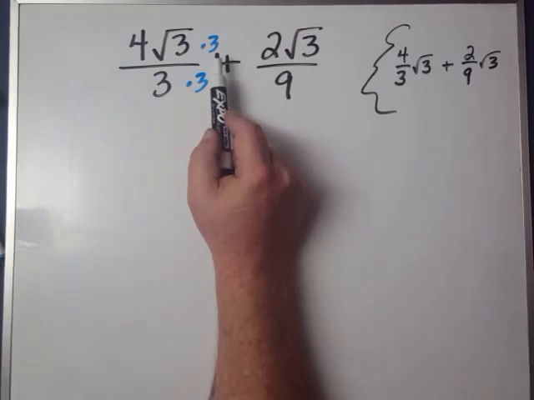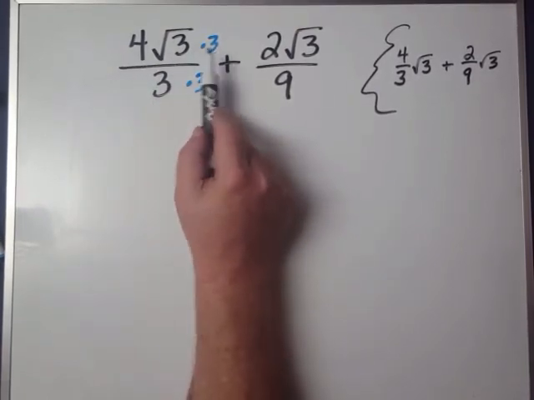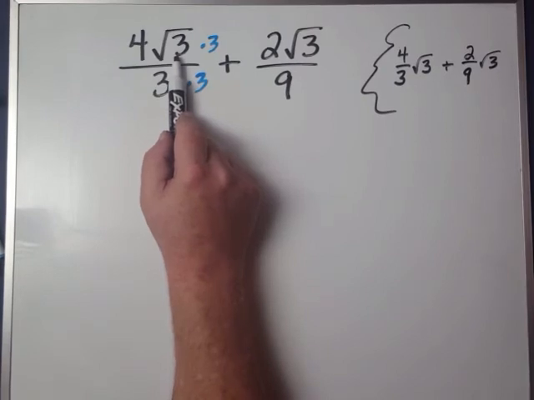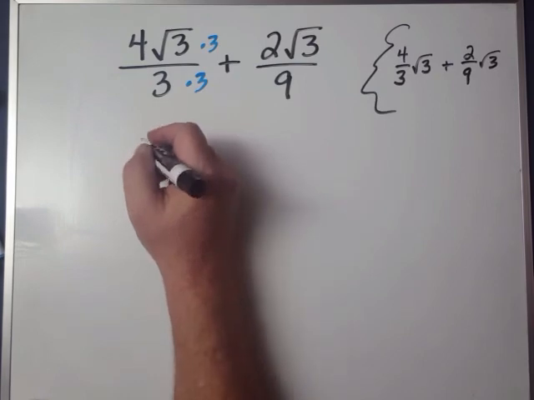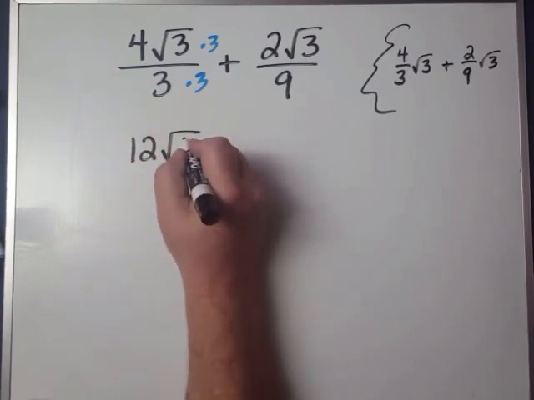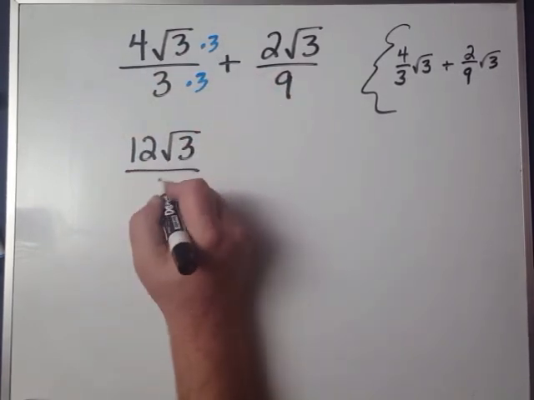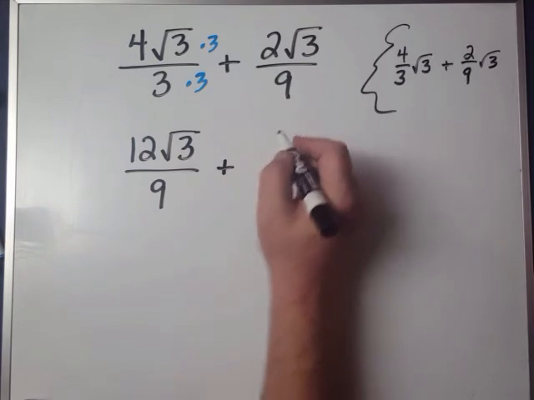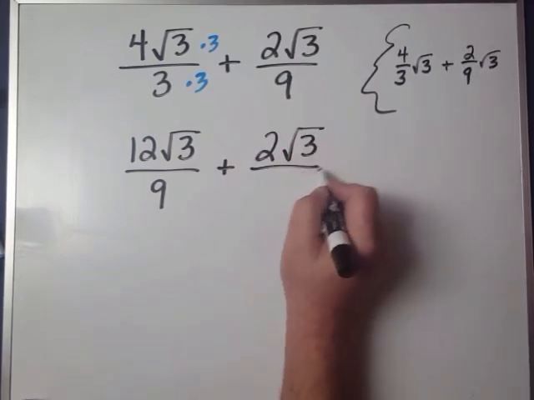He is outside the radical. So he can get together with the 4, but this blue 3 and this radicand of 3 cannot see each other. So here in the top, we now have 12 square roots of 3. 4 times the blue 3 gave me that 12. This is over 9. Plus 2 square roots of 3 over 9.